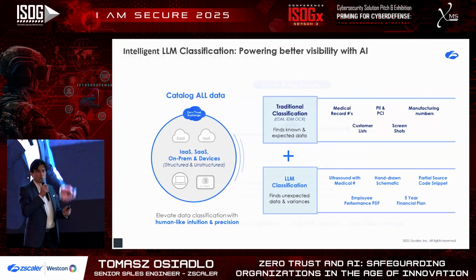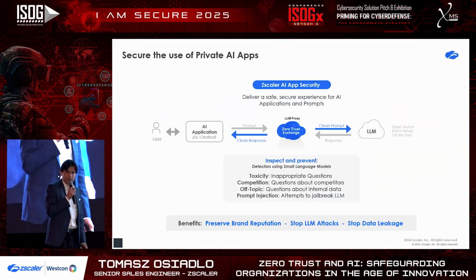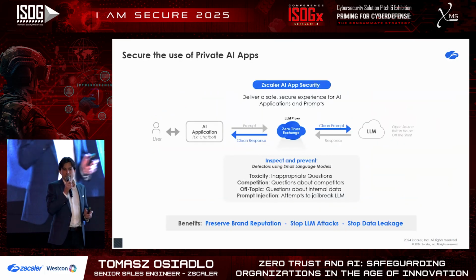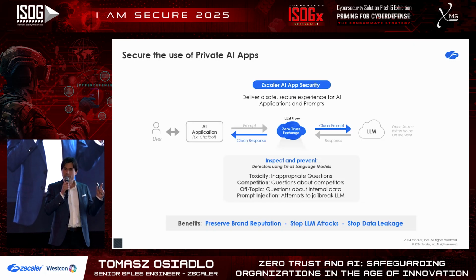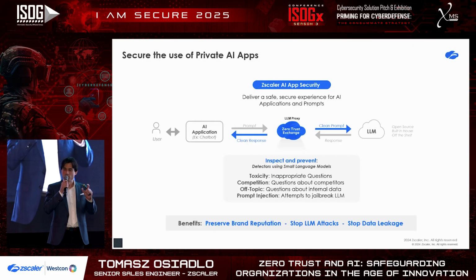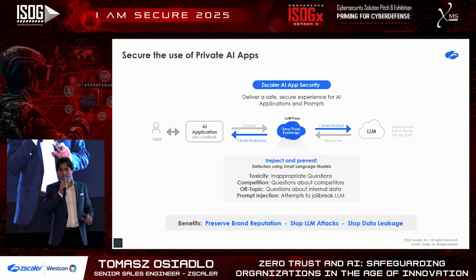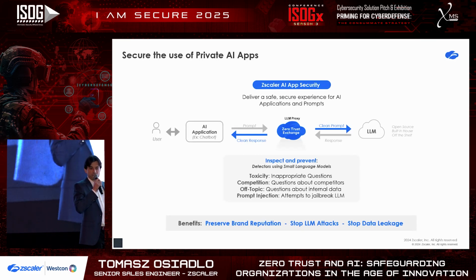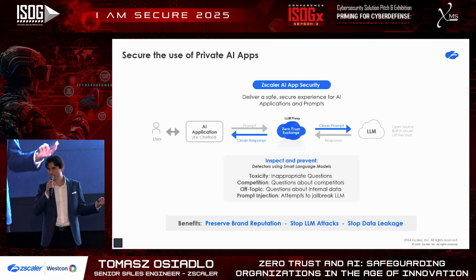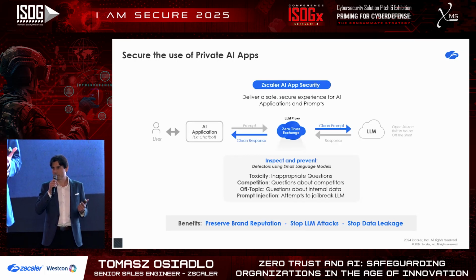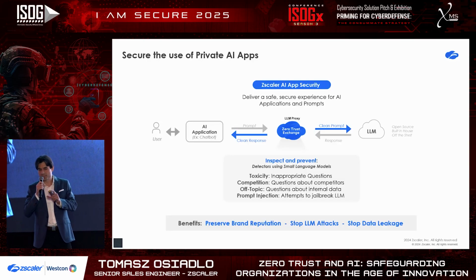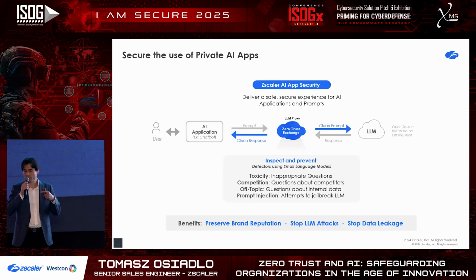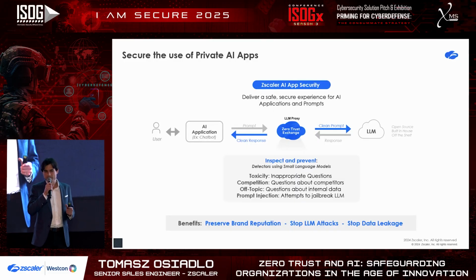So another group of GenAI applications are private AI apps. So you can think here about the chatbot that companies develop, and then that chatbot has access to an LLM engine that has access to private data. And that could be employee-facing or external customer-facing, right? To improve productivity, or for example, provide an AI agent for external customers, to improve layer 1 customer service.